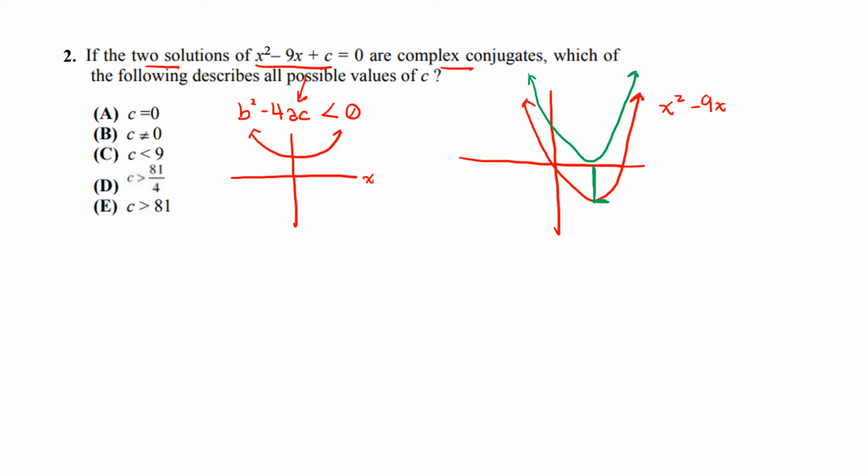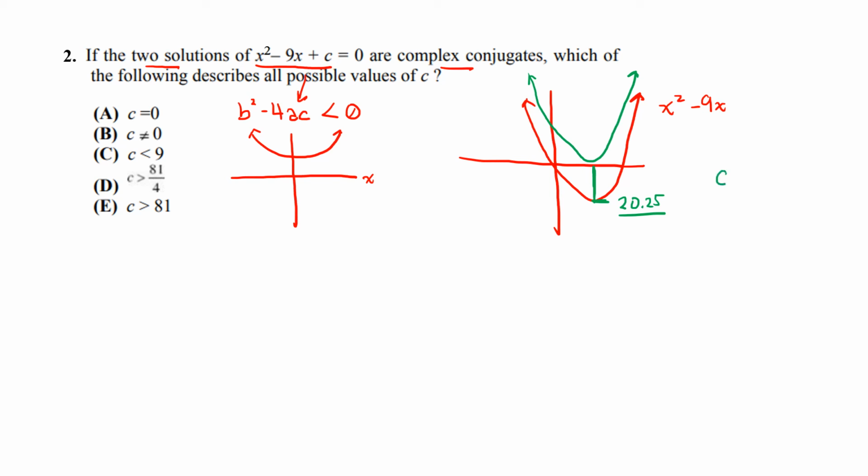So by plugging this all in your calculator and analyzing the graph to get that minimum, it tells us that the minimum is 20.25. And we know that c, the amount that we're shifting it by, has to be greater than this amount.